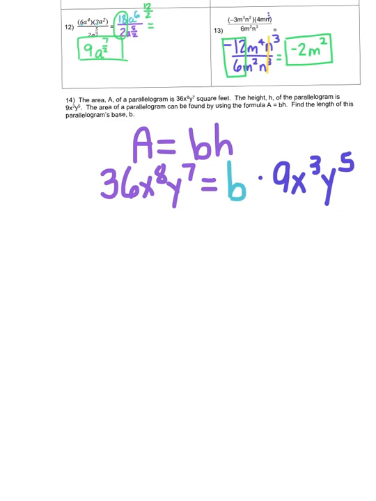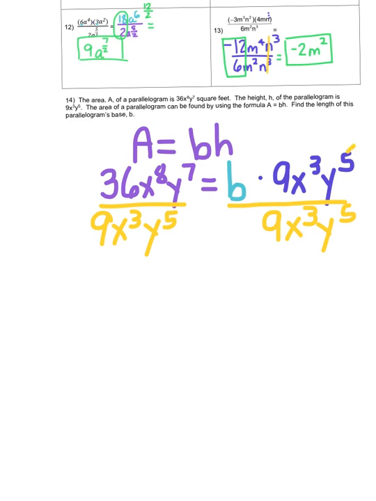Now, how do I isolate the b? I isolate it by doing the opposite. I will divide by 9x to the third, y to the fifth on each side. And as I do that, this side will cancel out to 1, and I'll be left with 1b, so that's the base.